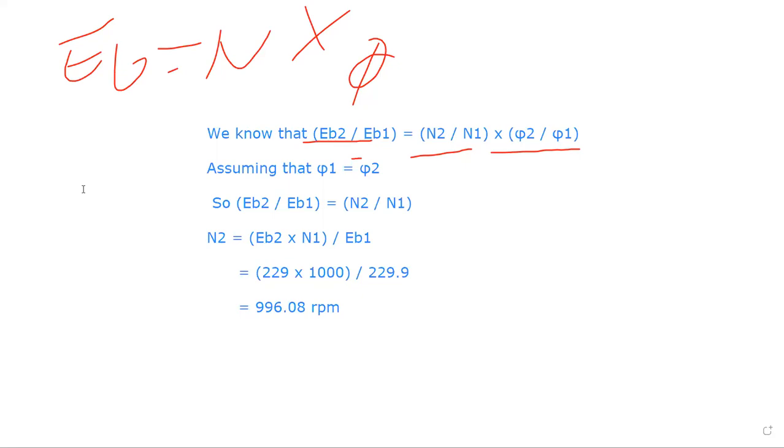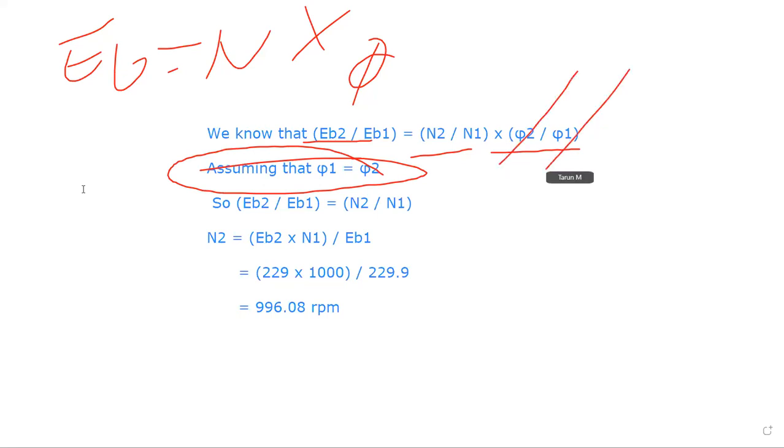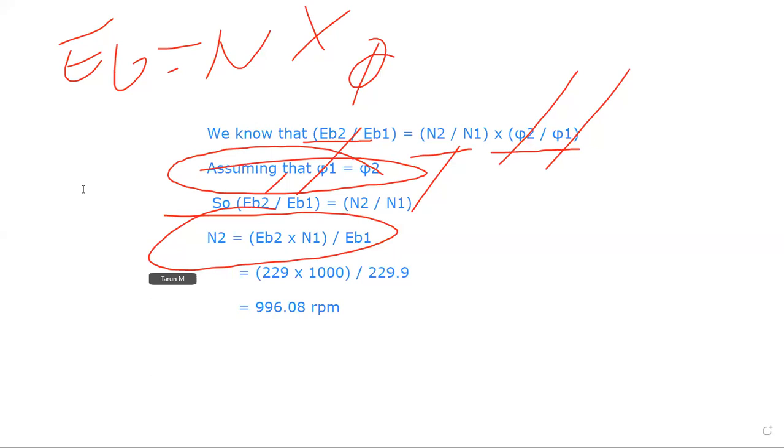We are assuming that the magnetic flux in condition 1 is equal to the magnetic flux in condition 2, so phi 2 cancels phi 1 in this equation. Now we know EB2, we know EB1, and we know N1. So can you calculate N2? And what will be the drop in speed? N1 minus N2. Now it should be clear.